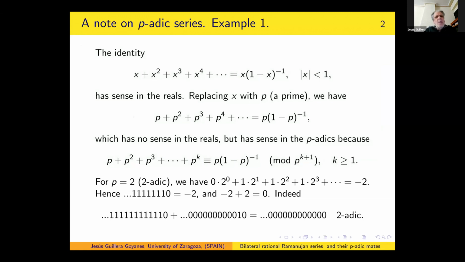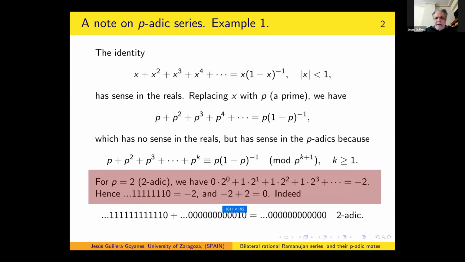When p equals 2 in the p-adics, we have this sum, which is equal to -2, replacing p with 2.